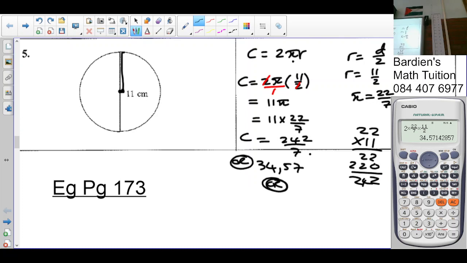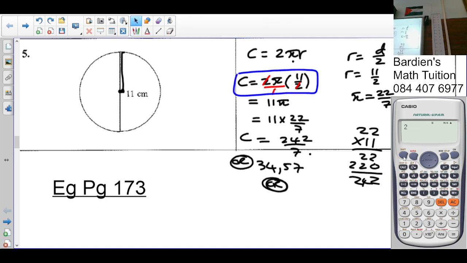Or, if I had punched this whole thing in the calculator straight, you will see 2 pi times 11 over 2 is 11 pi, which is 34.56. Can you see that, people? So if you had used the pi button on the calculator, you see the answer is fairly close. So in the exam, you get your mark for both. But remember, in your exam in particular, we are not going to use a calculator. So then this is the answer we're going to give you full marks on.